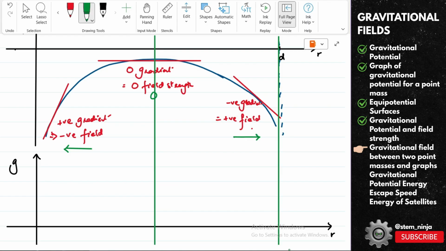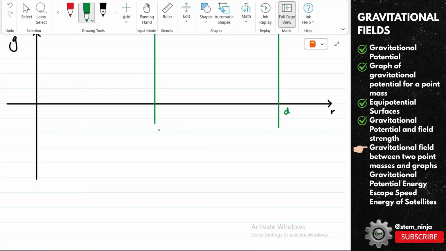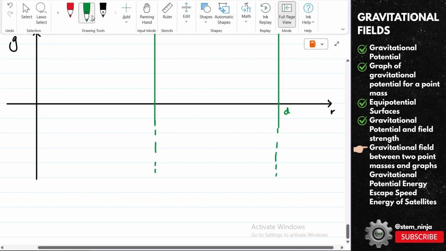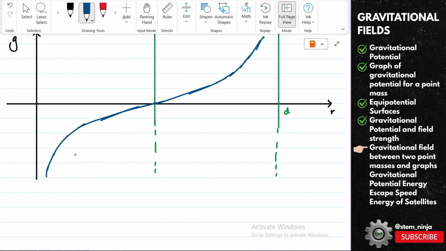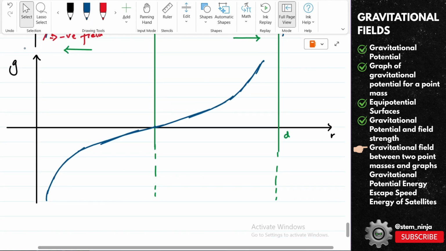So it's negative before that and positive after this point. So this is your field diagram, and this is exactly what we saw in the previous video also.